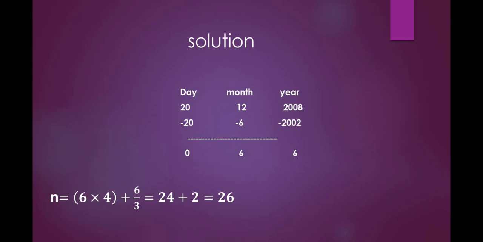Every period equal 3 months. And for 6 years there are 24 periods. And in 6 months there are 2 periods, since every period equal 3 months. So the number of periods will be equal 24 plus 2 equal 26.